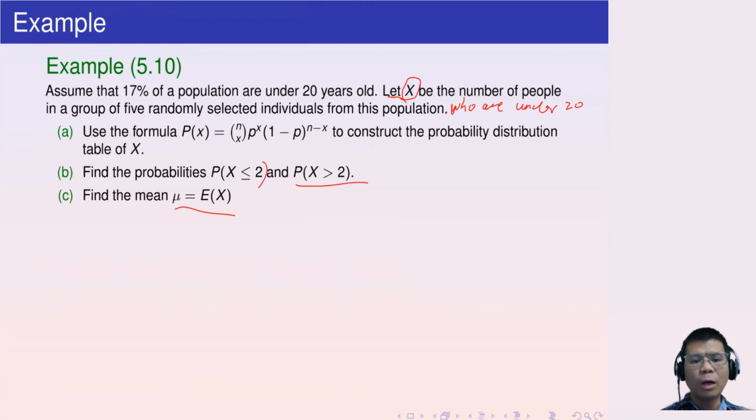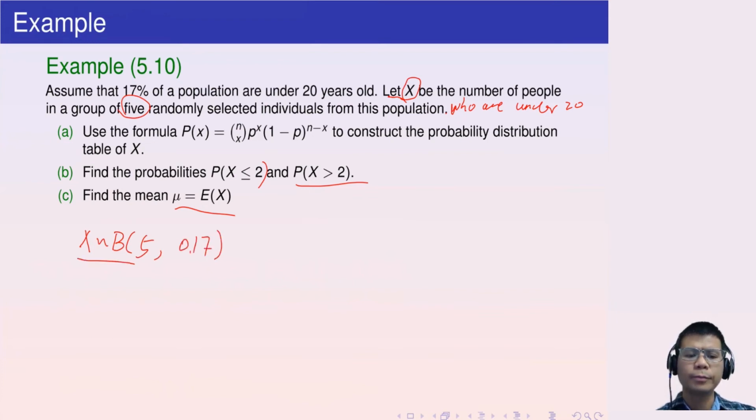So it's randomly selected, and for each individual the probability that they are under 20 is 0.17. Okay, so we know that X has a binomial distribution with parameters n is 5, and p is 0.17. Okay, so this is the distribution of X.